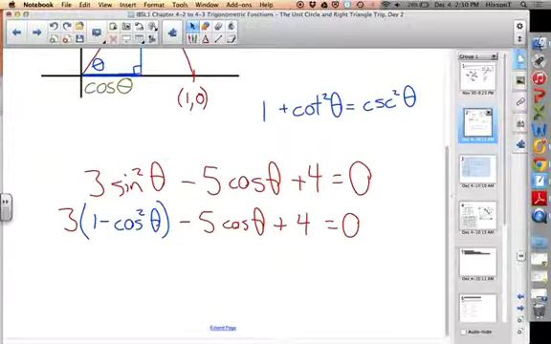There would be nothing we could do with that. However, if I use the Pythagorean identity, I can write an equation that only has cosines in it, rather than sines and cosines. And that would allow me to go ahead and solve the equation. We'll learn how to solve those later, but I wanted to show you that's one thing this can be used for.